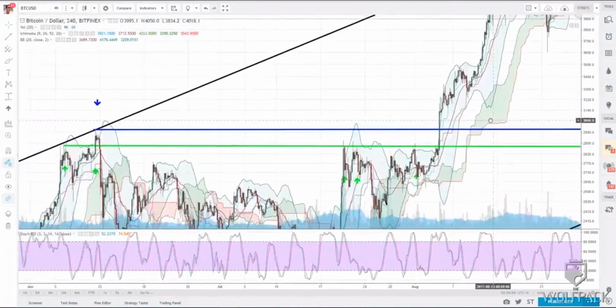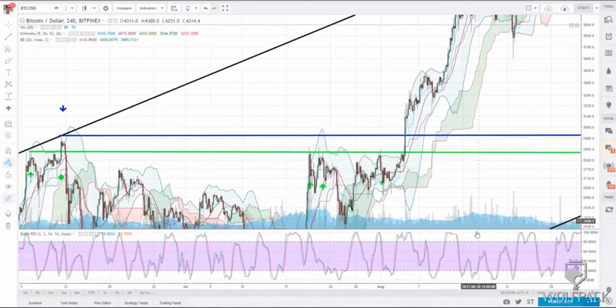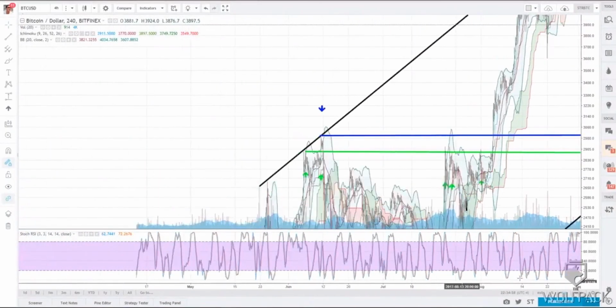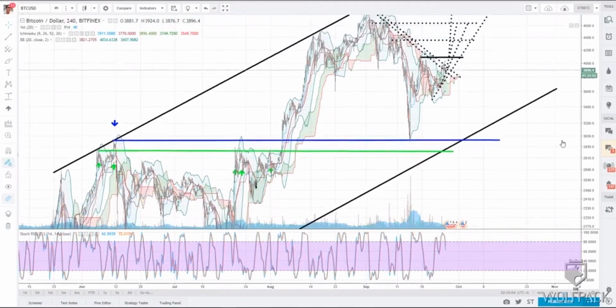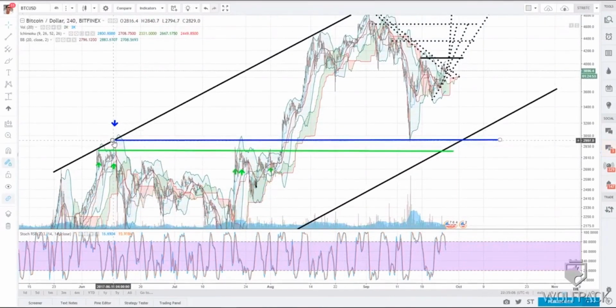And this is another example of a ceiling that's used as a support. This is the 3K bounce that occurred recently. It was the previous all-time high, and before it was a ceiling. If you're under the price, but it broke out of it, goes up parabolic.